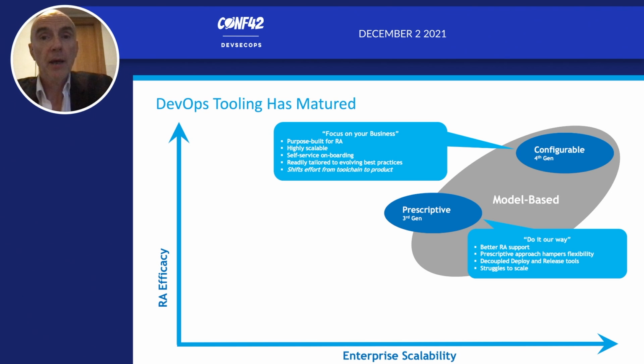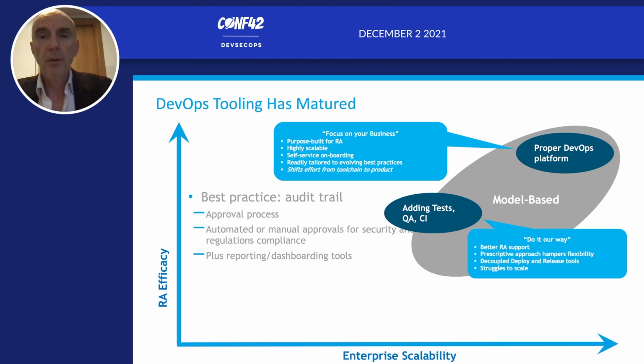Very often we have some model-based tools that allow us to switch from the simple pipeline to a proper DevOps platform, where we decouple the deployment activities from the release activities. What does it bring?